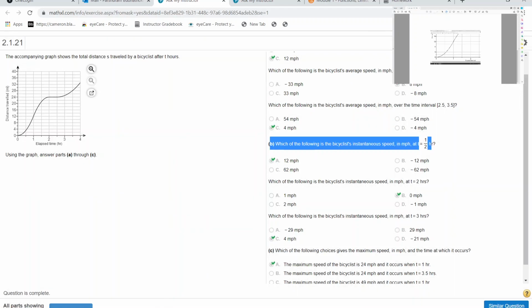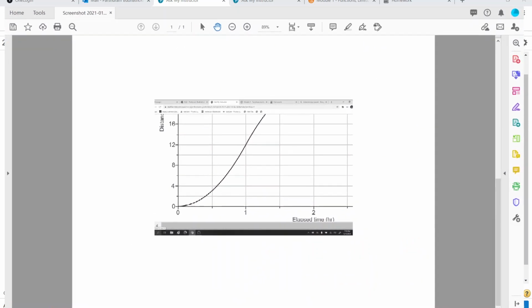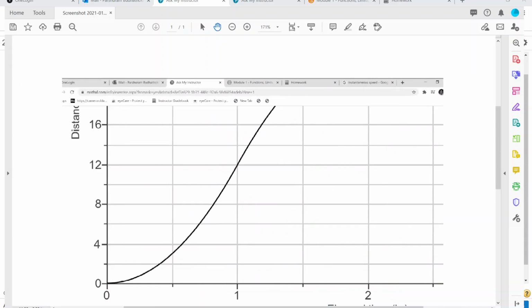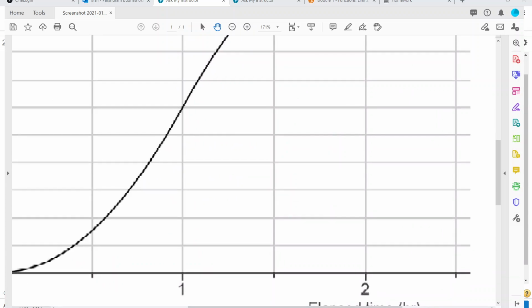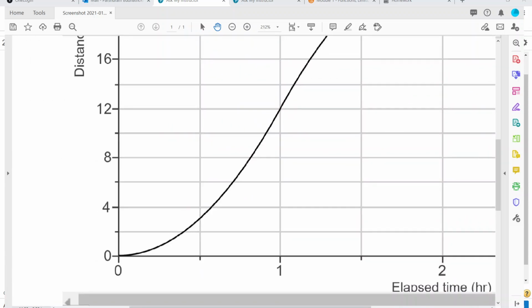So I'm going to use the PDF version of this file because I need to zoom in and find out the slope of the tangent line at the point t equal half.